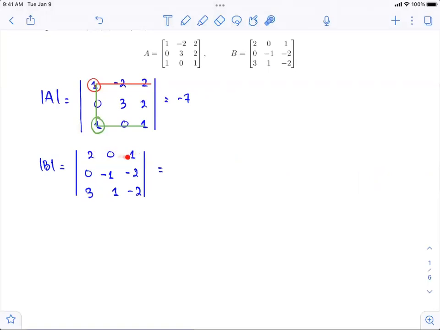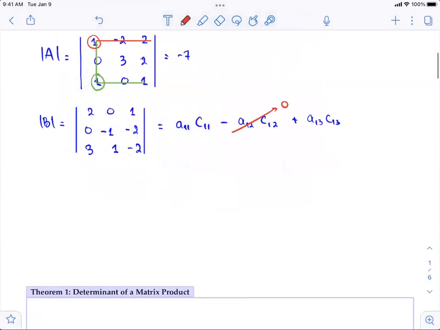Let's choose the first row to work with and see what happens. So A11 times C11 minus A12 times C12 plus A13 times C13. And here A12 is equal to 0 as well, so we can just let this term go to 0.